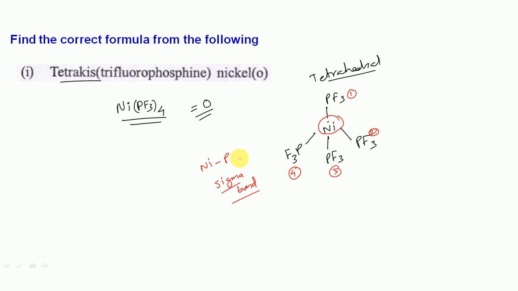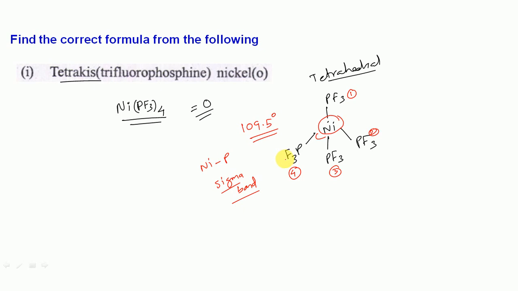So bond angle, how much? Tetrahedral means 109.5 degrees. Tetrahedral geometry means 4 PF3 ligands are positioned around the central nickel atom with bond angles of approximately 109.5 degrees.